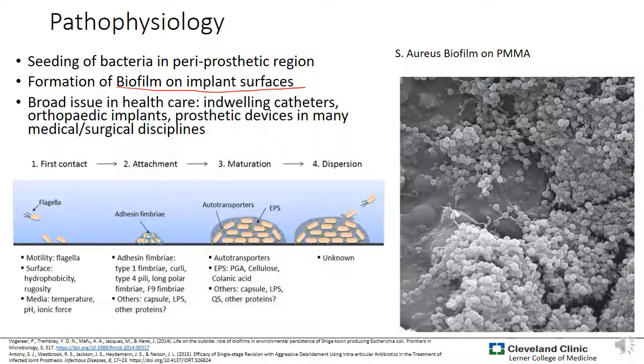This biofilm is a broader issue in healthcare. It occurs on indwelling catheters, in central lines, as well as on Foley catheters and prosthetic devices such as heart valves, in the case of prosthetic heart valve endocarditis. There's a process that the microbe goes through. Normally we can see here this little E. coli that's mobilized by its flagella.